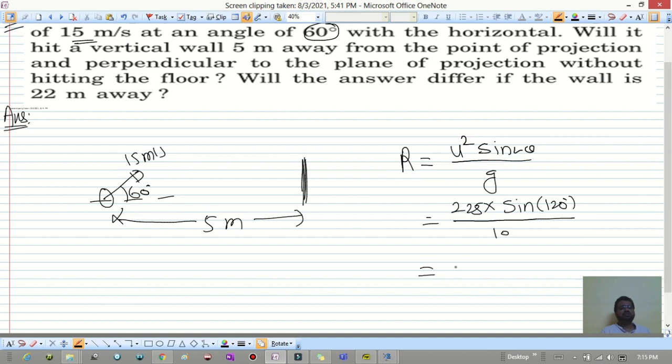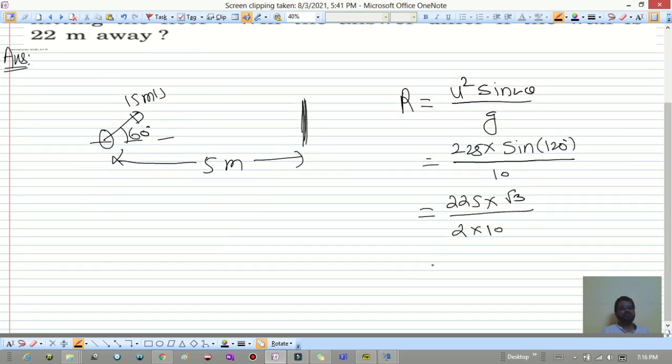So which is equal to 225 into sine 120, we can write cos 30, and that is root 3 divided by 2 into 10. So which is equal to 1.125 into root 3, as in 1.73.